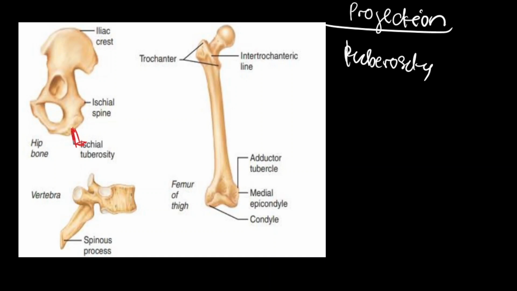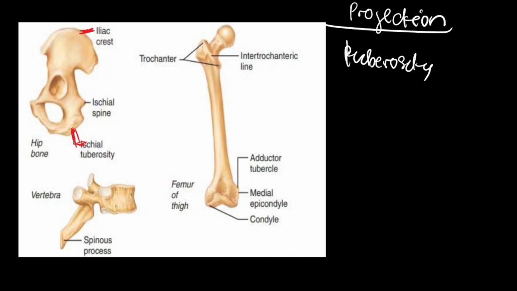Then we have the crest. The crest is a narrow ridge of bone. Here we can see the iliac crest. Now the iliac crest, take note, is an elevation also. The thing with most of these bone markings is that they are very similar. Generally, projections are just elevations.